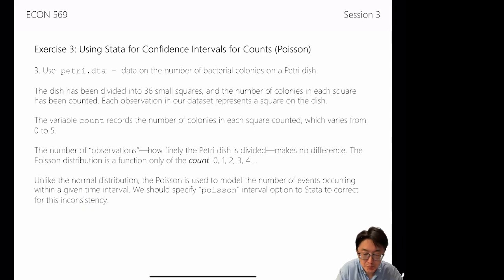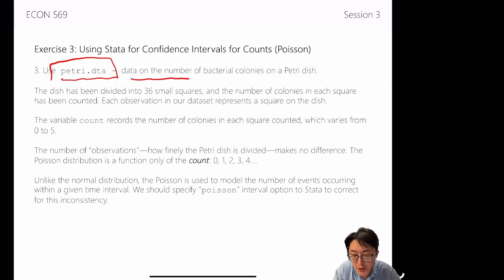Now, we have Petri data. Petri data is the data on the number of bacterial colonies on a Petri dish. Now this is important. This kind of variable is not a continuous variable. This is actually a count variable.